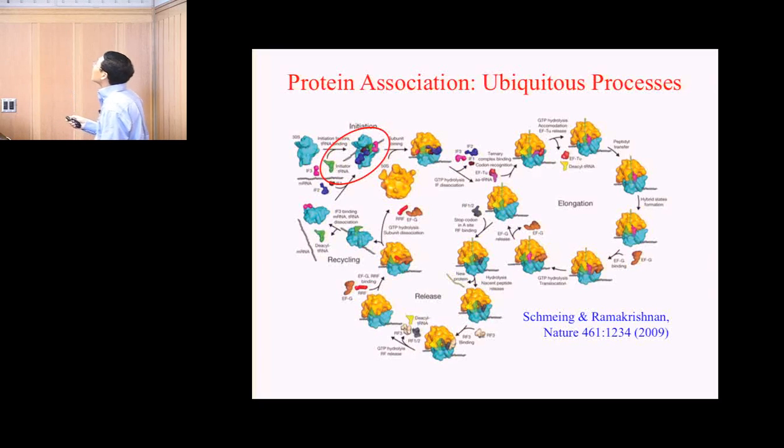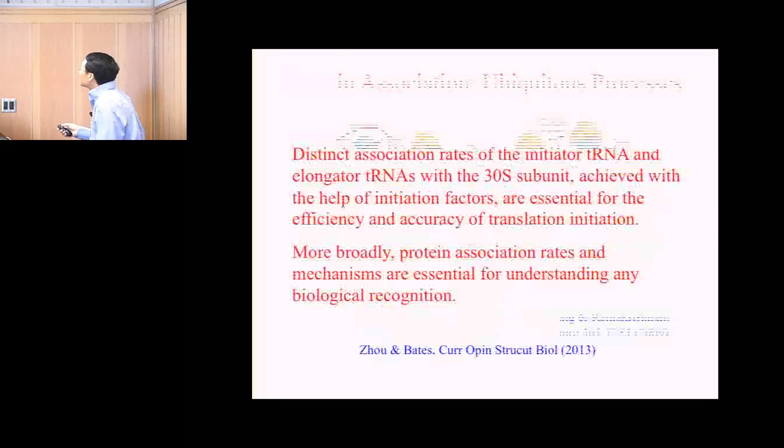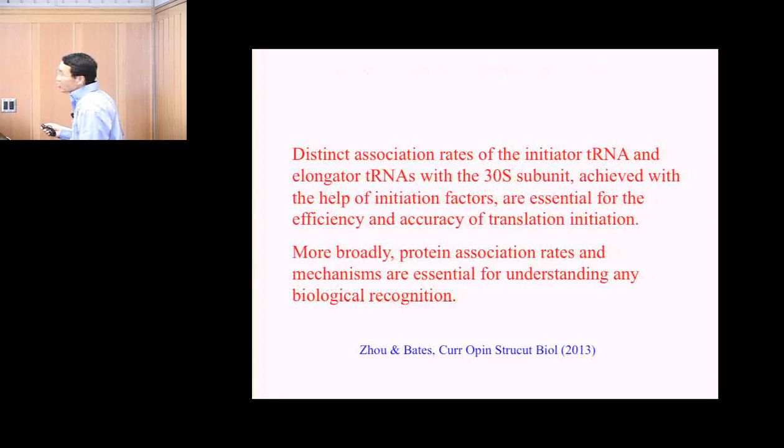With the 3 initiation factors, the rate constant of the cognate tRNA is increased by 3 orders of magnitude, so it's basically a kinetic competition that's won with the help of the initiation factors. Examples like this suggest that it is the distinct rate constants of association that really help the efficiency and accuracy of the translation initiation process.